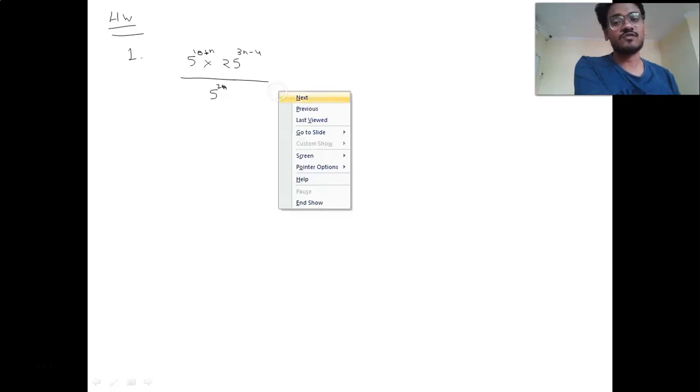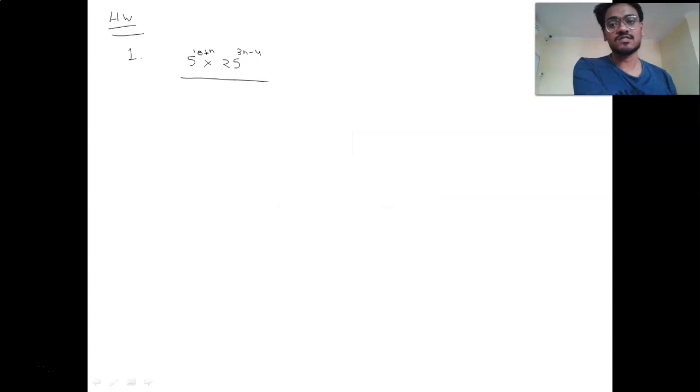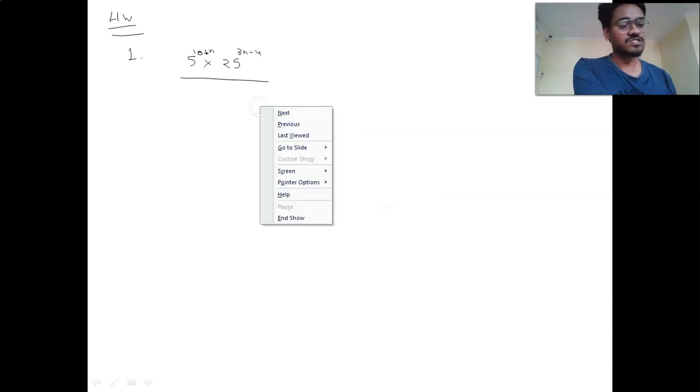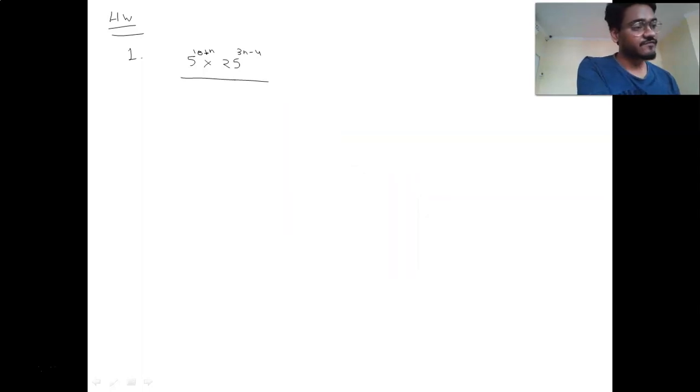Okay, we have solved this kind of question, so it's your time to solve this. What you will do, you will just solve the numerator first and then the denominator. Okay, so this is going to be your homework question.